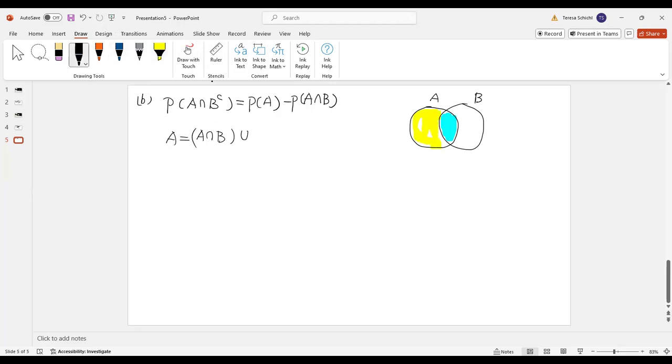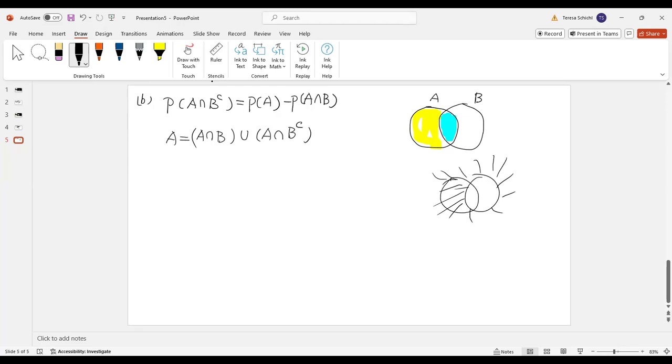The yellow region is A intersect B complement. The B complement is everything outside B, then intersect A. That's why I get the yellow region here.